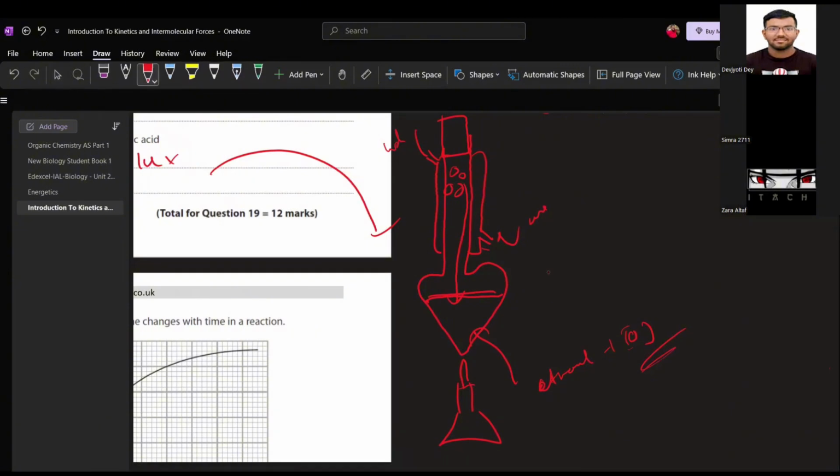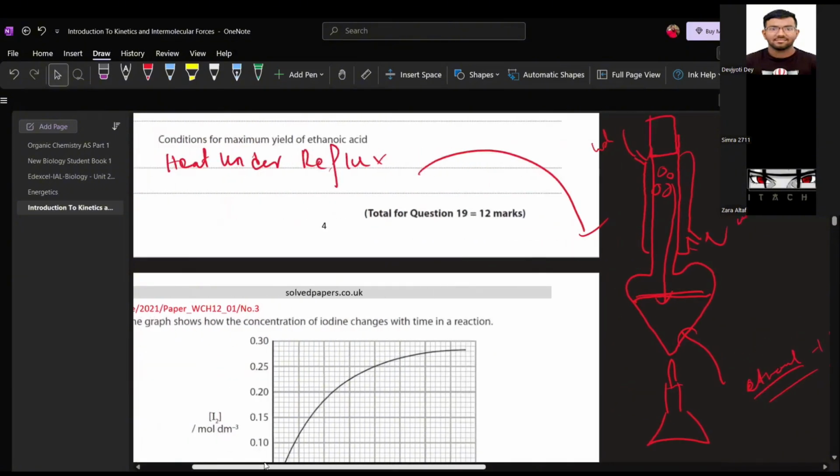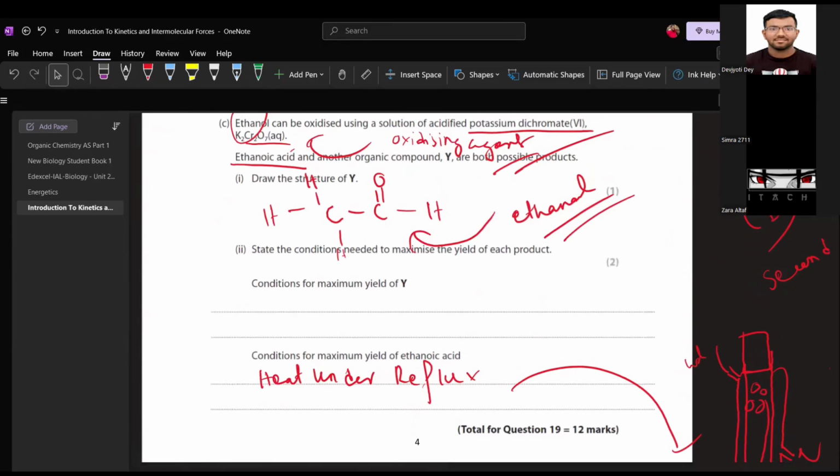Sorry, not ethanoic acid, I forgot, ethanol. This ensures that all the ethanol reacts with the oxidizing agent. Did you get my point? Yeah, I got it. So that is what heat under reflux is.